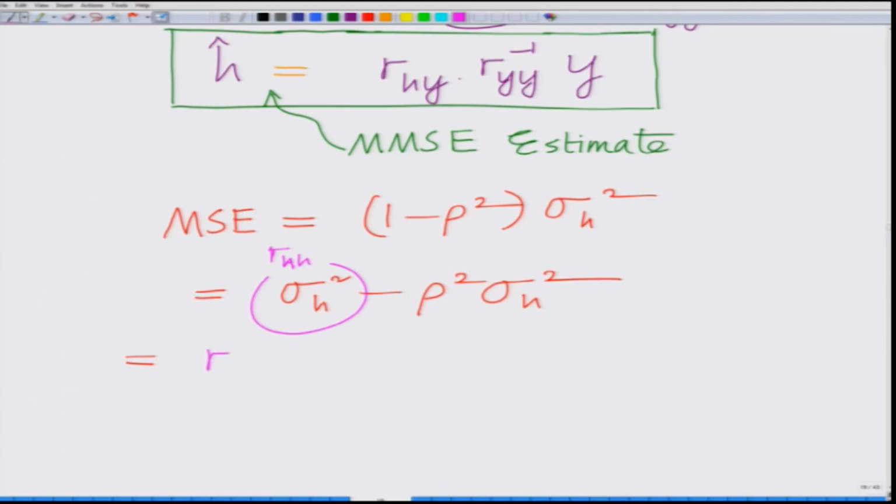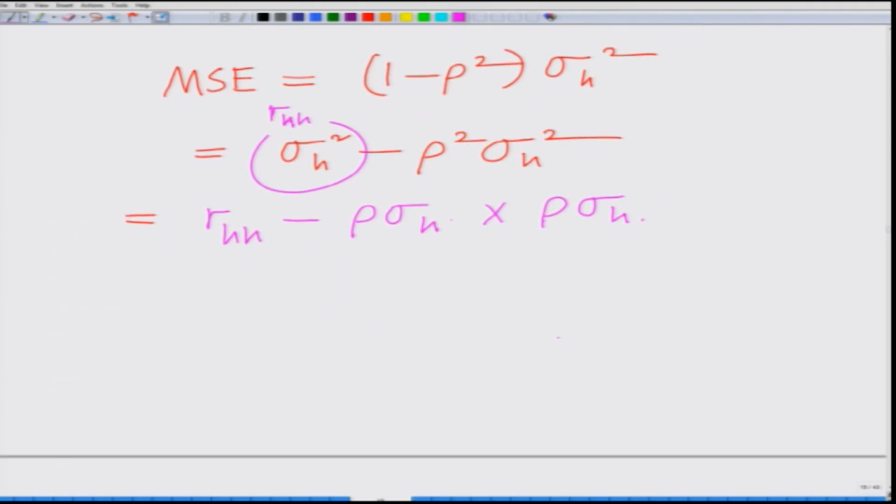So, this is basically r h h minus, now this quantity I can write as rho sigma h times rho sigma h. Now, this quantity I will again manipulate by multiplying and dividing by sigma y square: rho sigma h sigma y into 1 over sigma y square into rho sigma h sigma y.